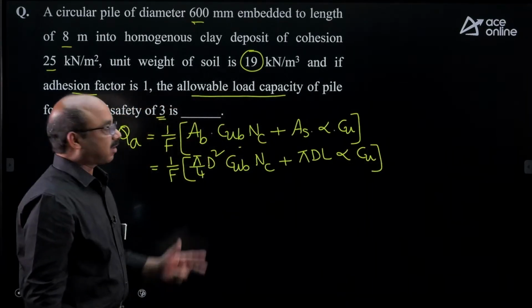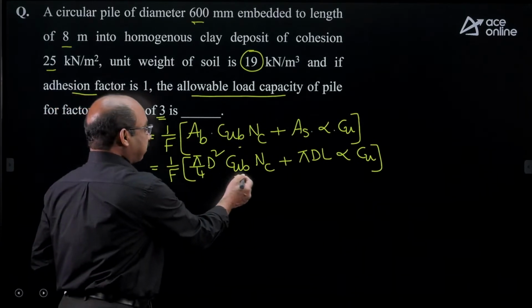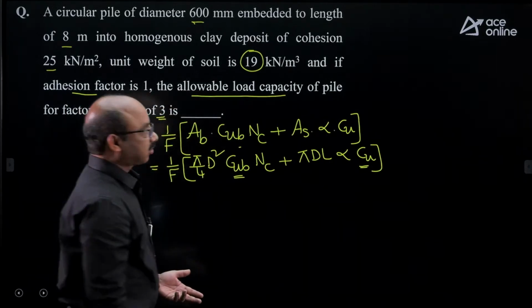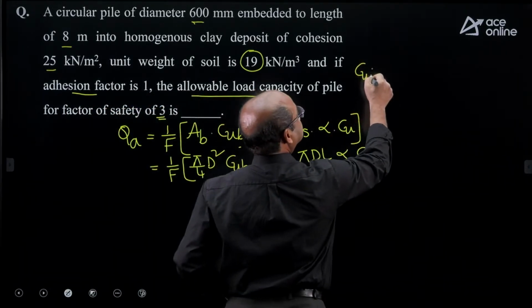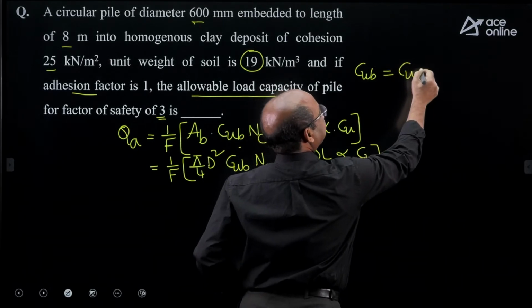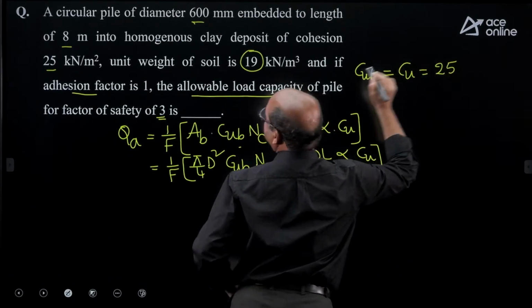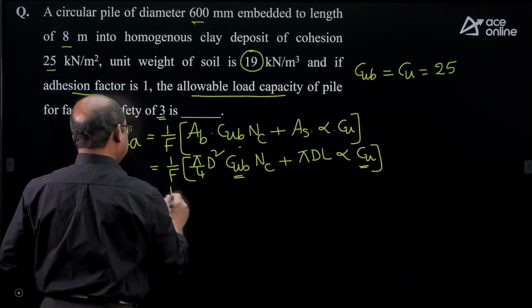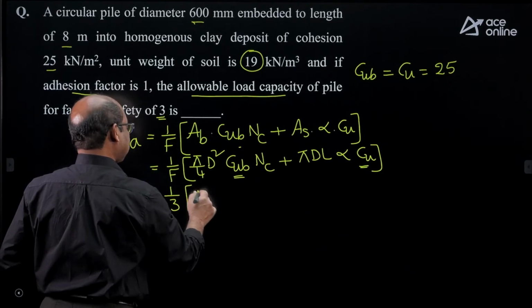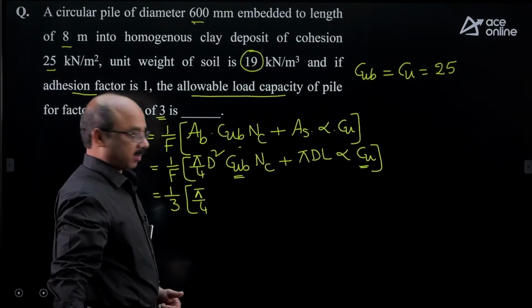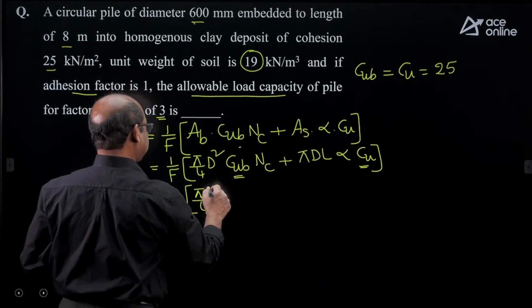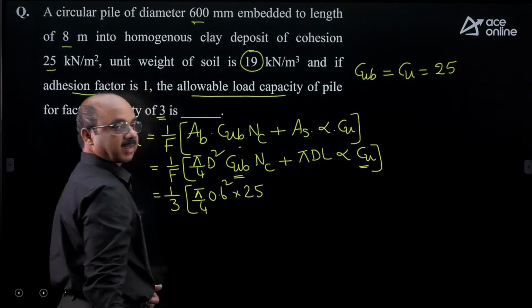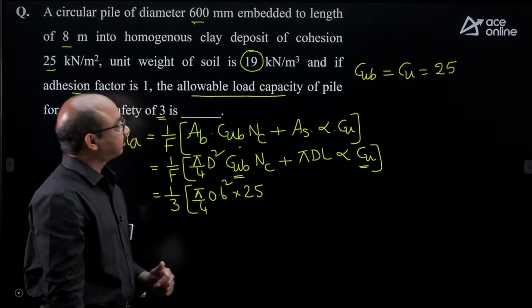Mind you, in this question it is a homogeneous soil. The Cu at the base and the surface cohesion are both the same, and that is given already as 25 kilopascals. When I substitute the data, the factor of safety given is 3, pi by 4, and I use the diameter in meters, 0.6 whole squared, Cu 25, and the bearing capacity factor Nc.